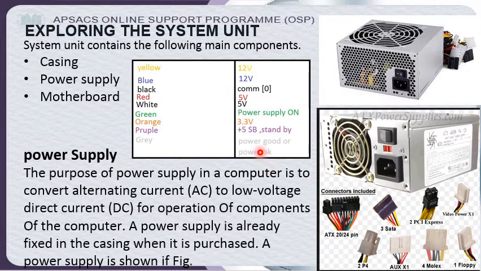Purple is there, which is used for standby. Gray is there, power good or power okay, which shows whether the power is running or not running. So these different color combinations are there inside your power supply.